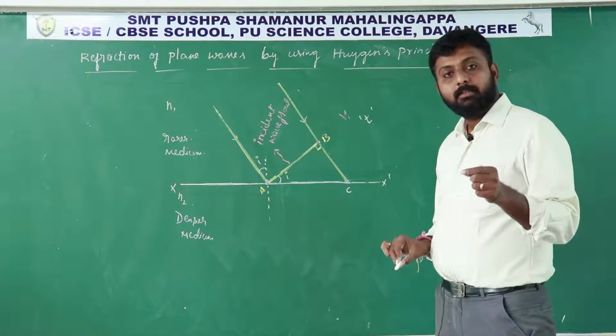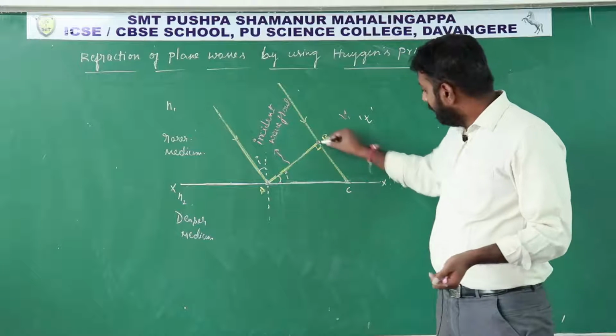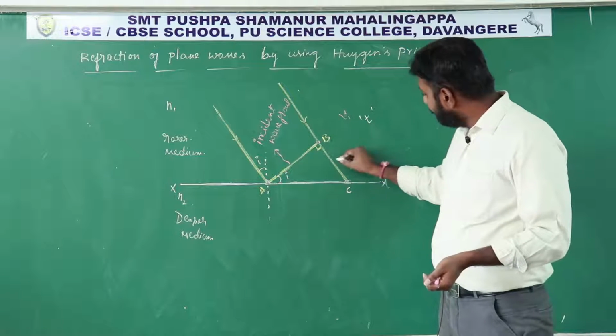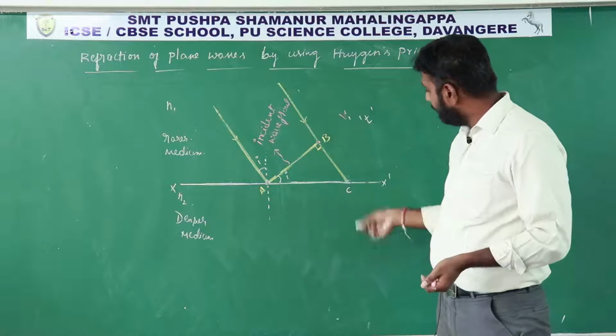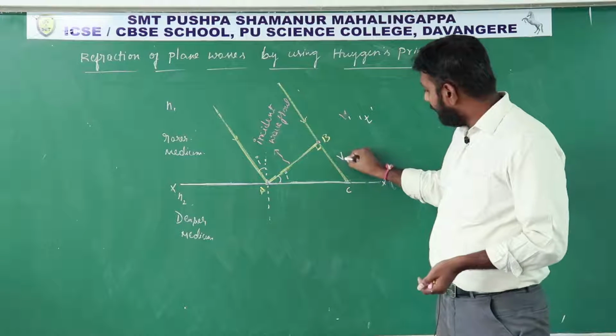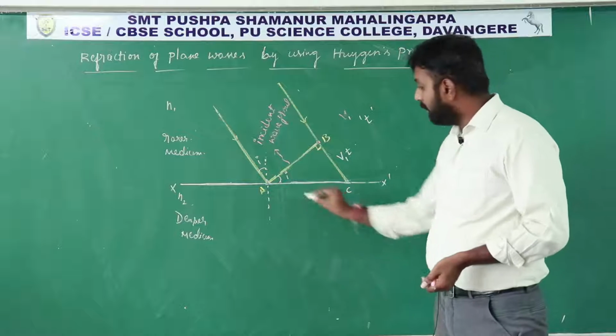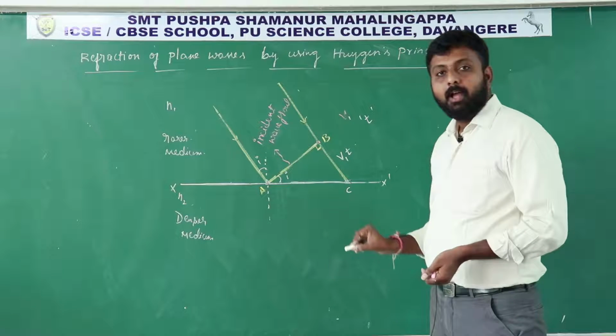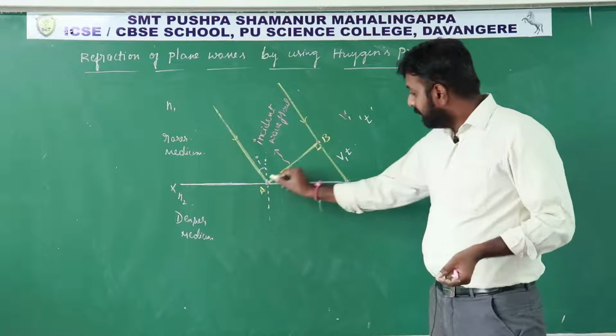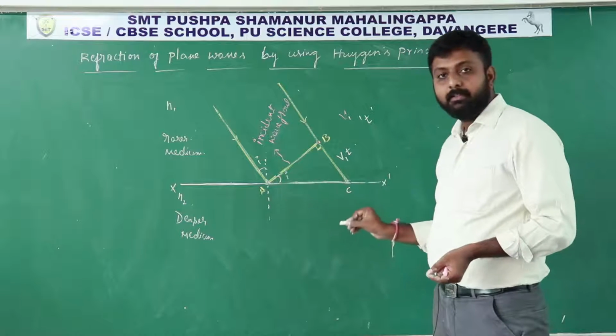Then how much distance would it travel? That means in t time the speed of wave is v1, means it has travelled v1t distance. But what about A point here? Already it has reached the refracting surface, right?